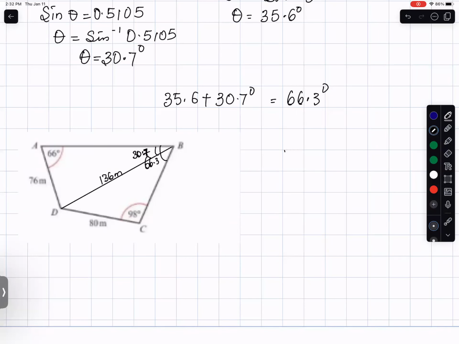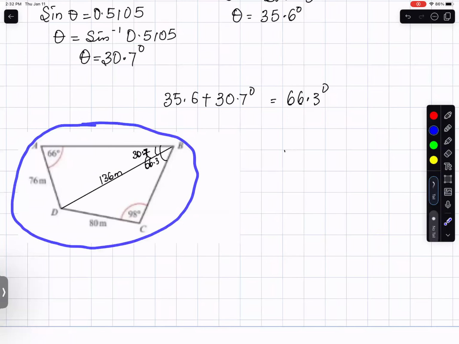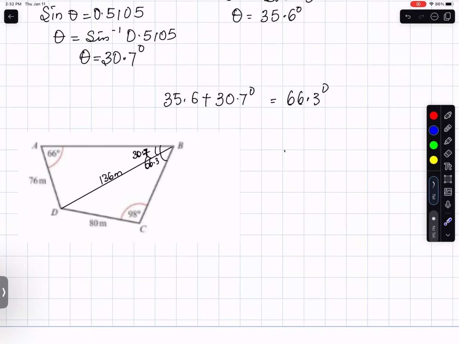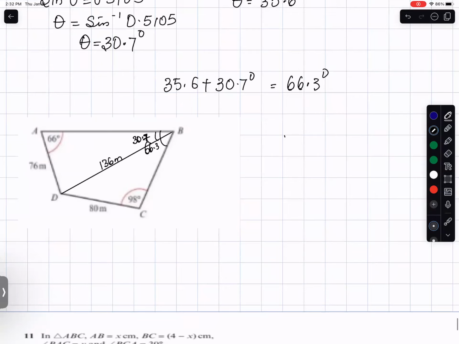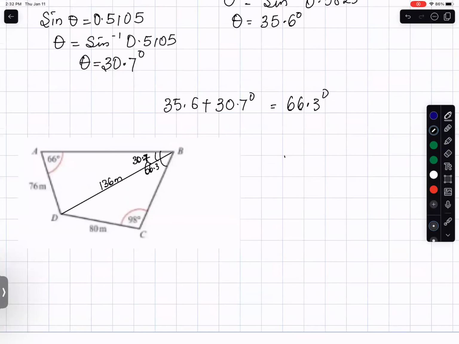So we have our shape here. Move down here. So next we have to look for this angle before we proceed with whatever we are doing, because that is the opposite to your line AB. So we know that the sum of angles in the triangle is 180. So adding this side, 66 degrees plus 30.7 plus x gives 180.